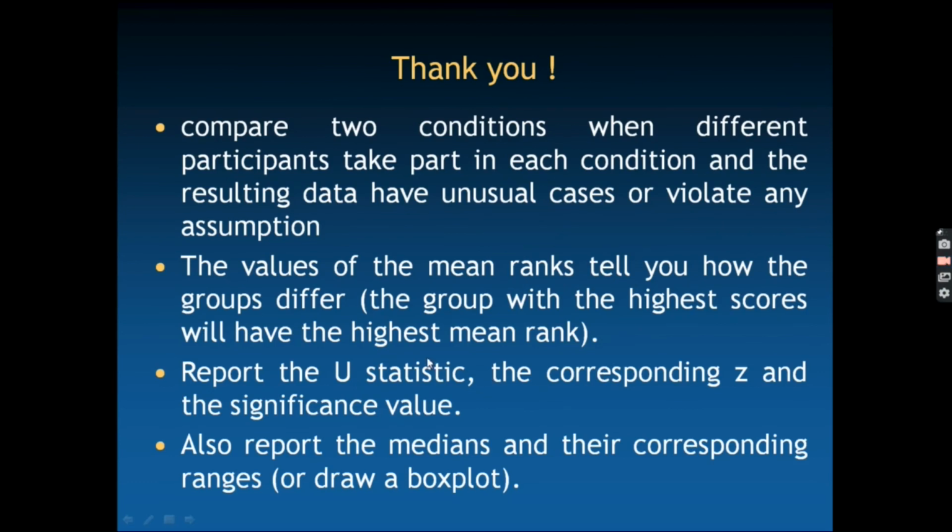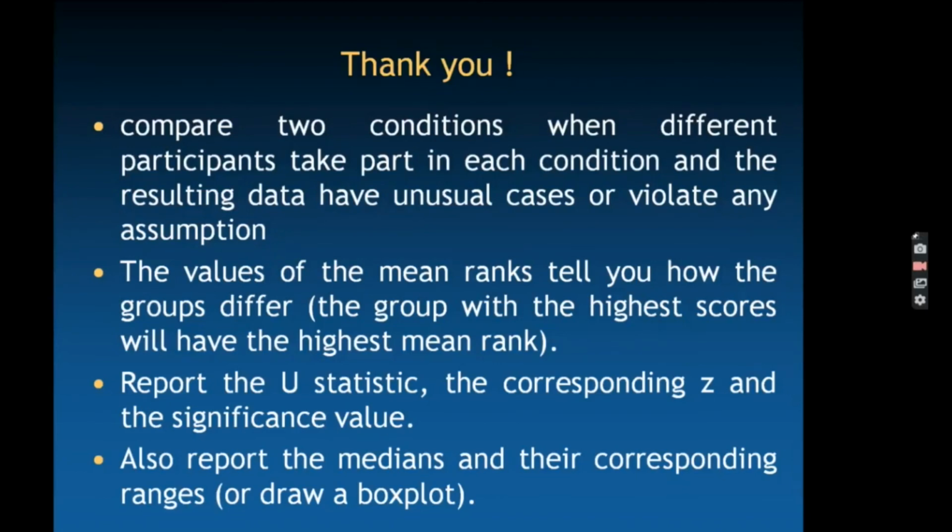To summarize, we can compare two groups using a Mann-Whitney U test when the conditions had different participants in each condition and the resulting data have unusual cases or violate any assumption, because these are assumption-free statistical methods. The mean rank tells you about the groups; the highest scores will have the highest mean rank.